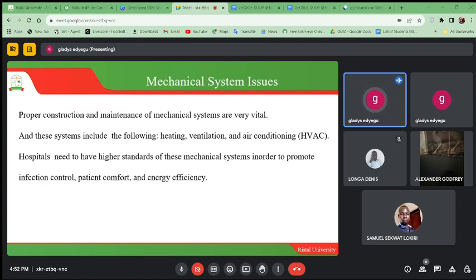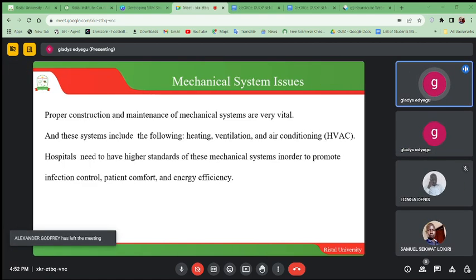So when you look at promoting infection control, basically we are looking at these mechanical systems in relation to sterilization and disinfection, and that's where we apply the autoclaves, because we have to make sure that all the instruments and equipment that we are using are sterilized or disinfected. So the hospitals need to have these higher standards of mechanical systems in order to promote infection control, patient comfort, and energy efficiency.